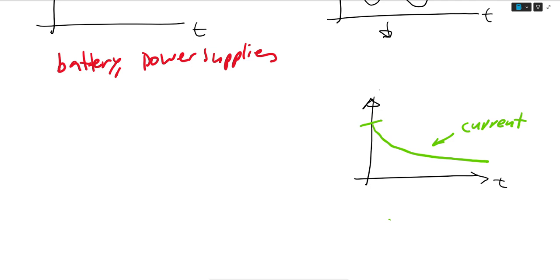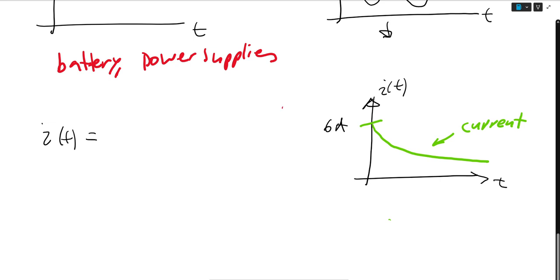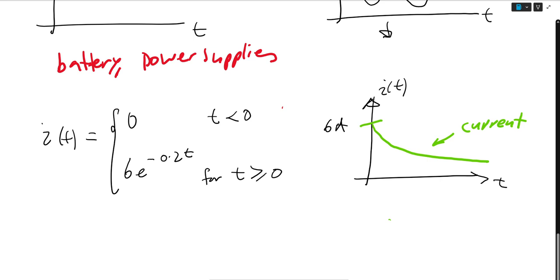This is I of t. This is 6 amps. So we can depict this graph as I of t equals 6e to the minus 0.2t for t greater or equal to 0, and 0 for t less than 0.